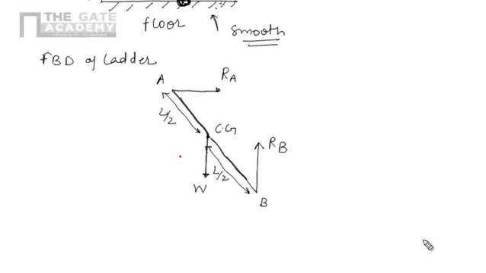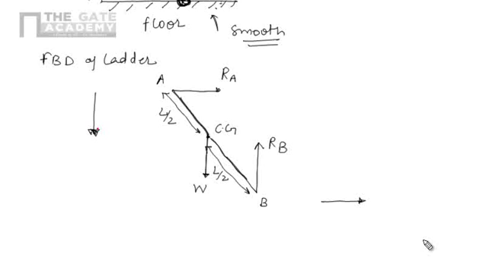Now the wall is a rough wall, so there will be friction. So now we have to consider the natural slipping. In the natural slipping case, B will go in that direction and the A point will go in that direction.